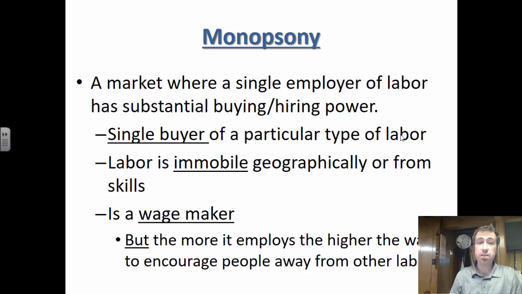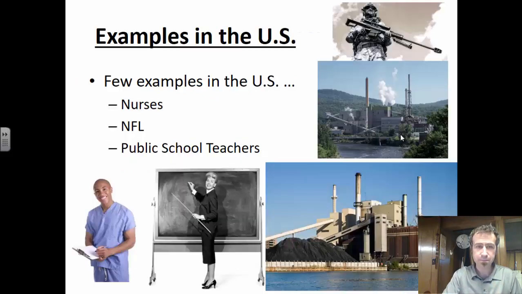Or they have to get that one high school bum off the couch to come work for them. So the only way they're going to get him off the couch is to pay a higher wage. And so in that sense, they're not entirely a wage maker, because if they want to have more output, if they want to hire more labor, they have to increase the wage. So that's a monopsony.